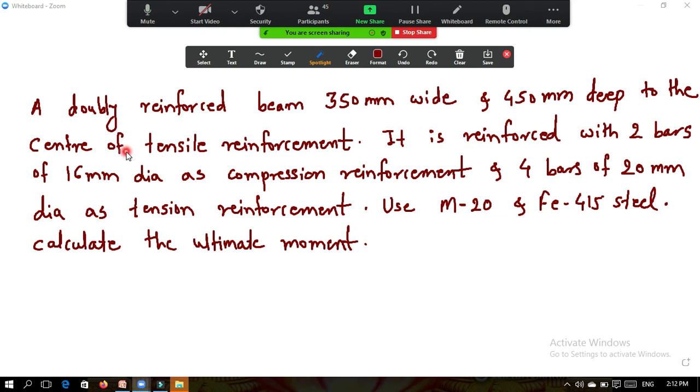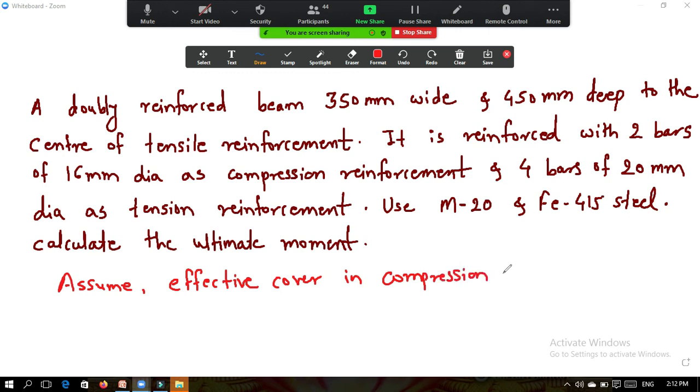Okay. So now here we will assume effective cover in compression zone, D dash, is equal to 50 mm.